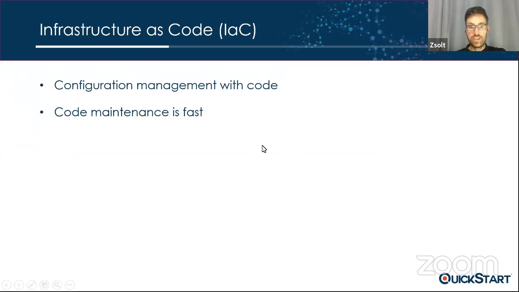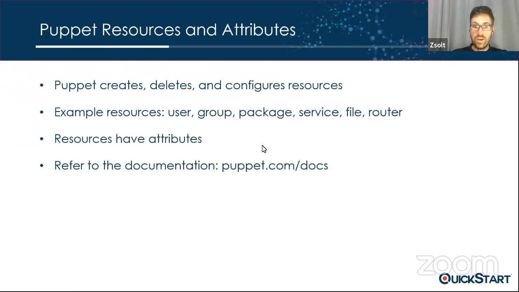So with infrastructure as code, you will see how convenient it is to maintain this solution relatively soon. We distinguish between two primitives, so basically basic building blocks of configuration infrastructure code: resources and attributes.